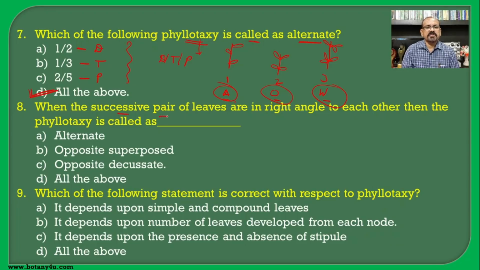Then when the successive pair of leaves are at right angle to each other, then the phyllotaxy is called as. So when there is a pair of leaves in the opposite, the opposite type of phyllotaxy is classified into two types, that is the opposite superposed, and the other type, the opposite decussate, in which the successive pair of leaves are present at a right angle.